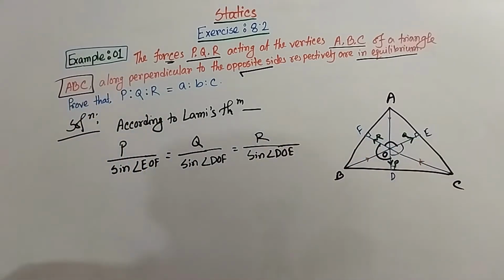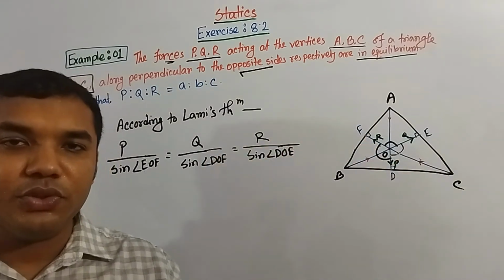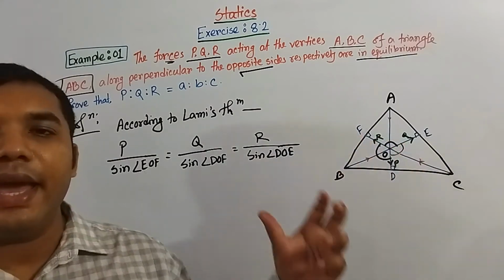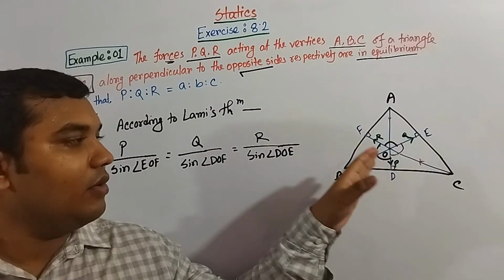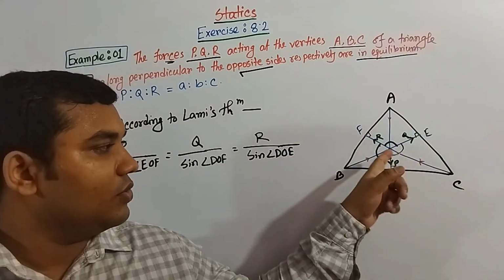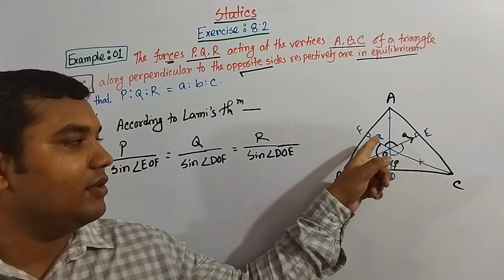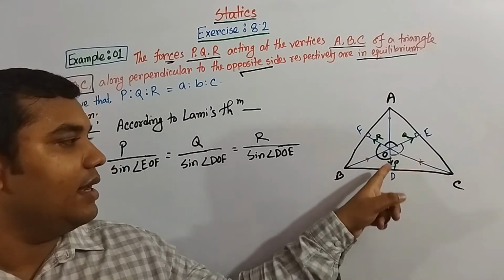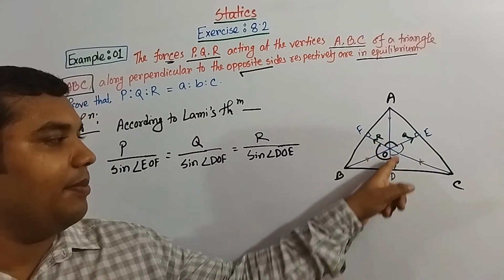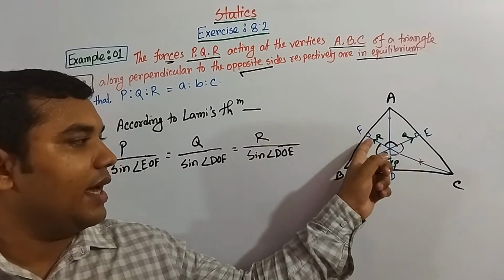So according to Lami's theorem, we know that force is proportional to the sine of the opposite angle, the angle which will be created by the other two. So R should be creating the P and Q angle, so it should be P over sine this angle, Q over sine this angle, and R over sine that angle.